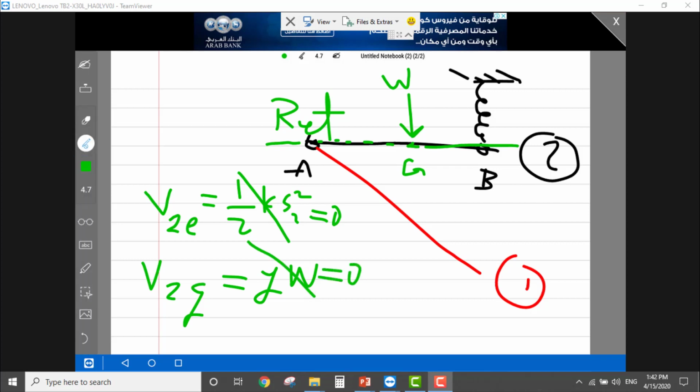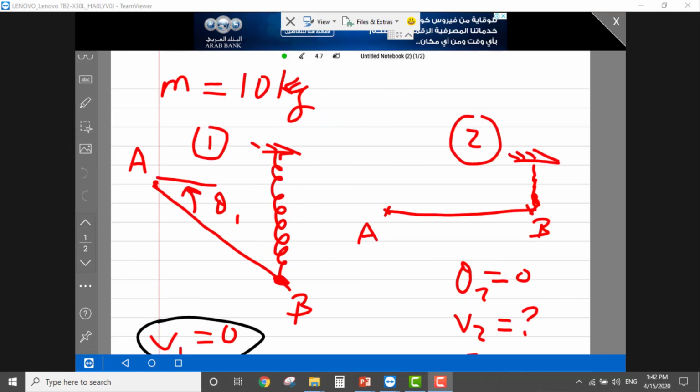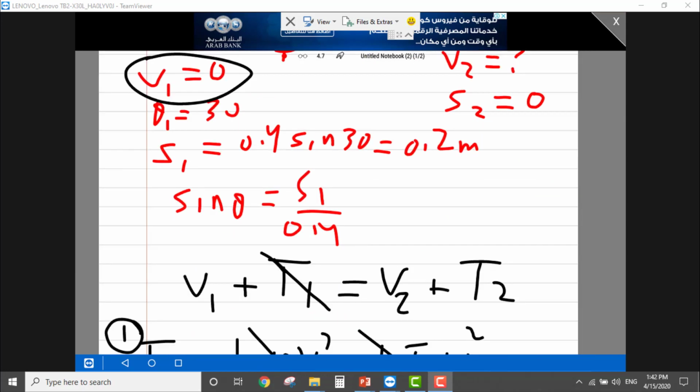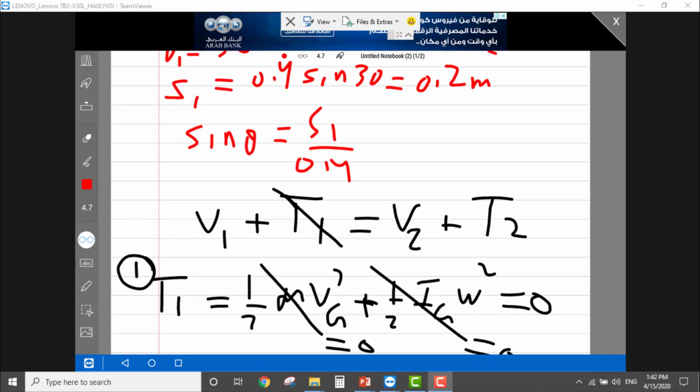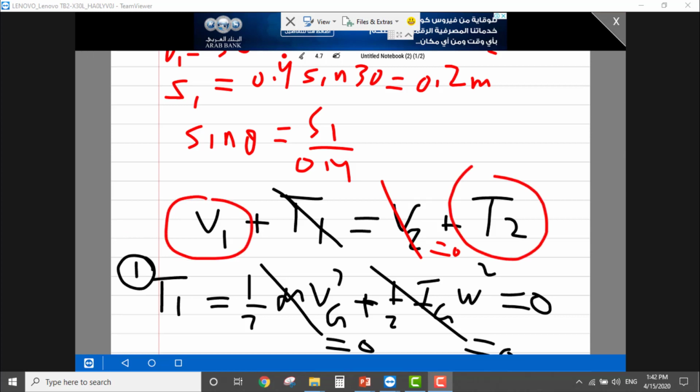So if I go back to the first sheet, V2 again is equal to 0. So we end up with V1 equal to T2... sorry, V1 and T2.